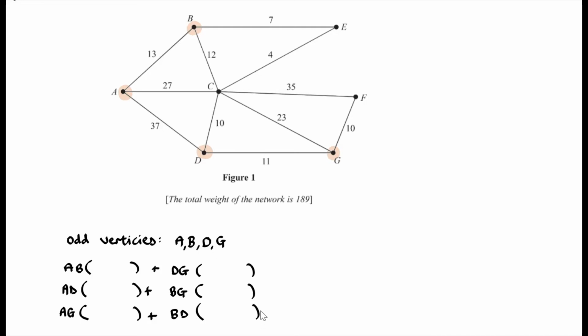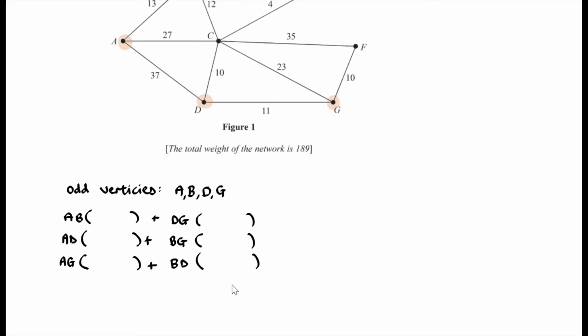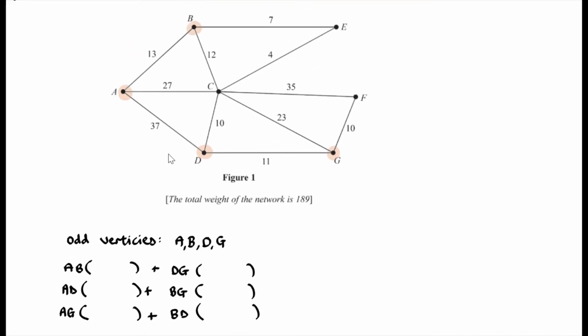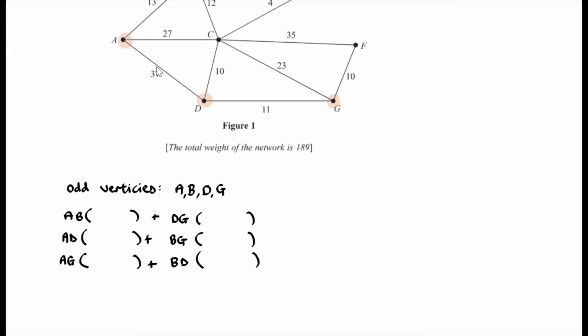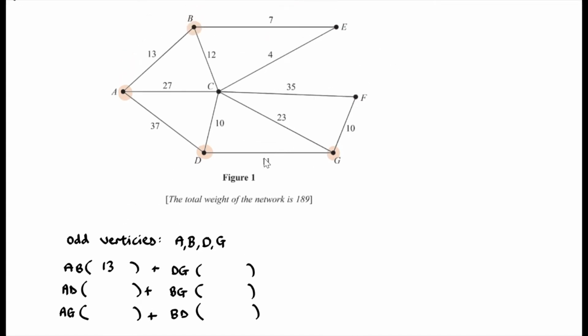Those are our pairs, and if we work out the smallest length A to B, you'd find that to be 13, and DG, smallest length, that's 11.